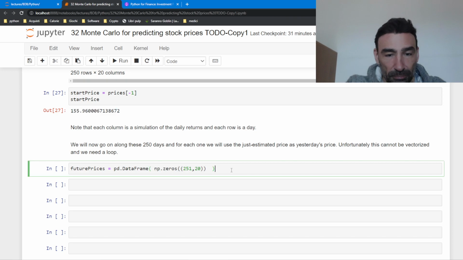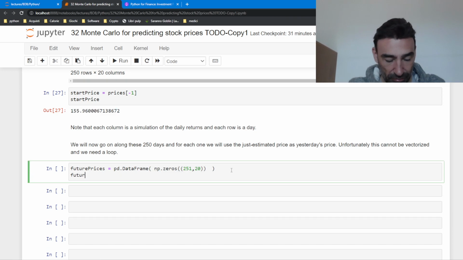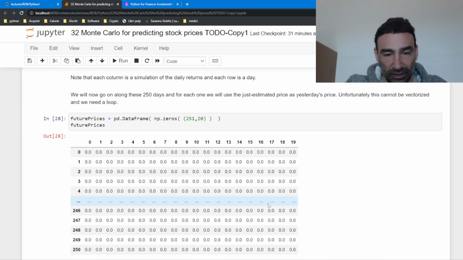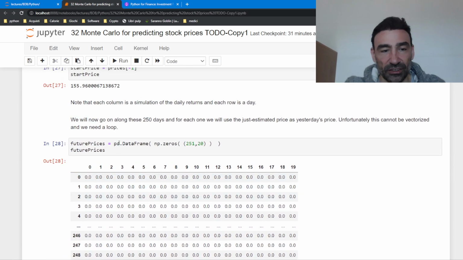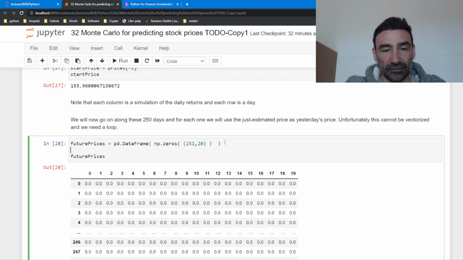So I built this one, pay attention to the double parentheses. They are necessary for technical reasons which I don't want to explain here, because it's beyond the scope of the course. So you can see it's just a data frame full of zeros. Now we put as future prices dot iloc 0.